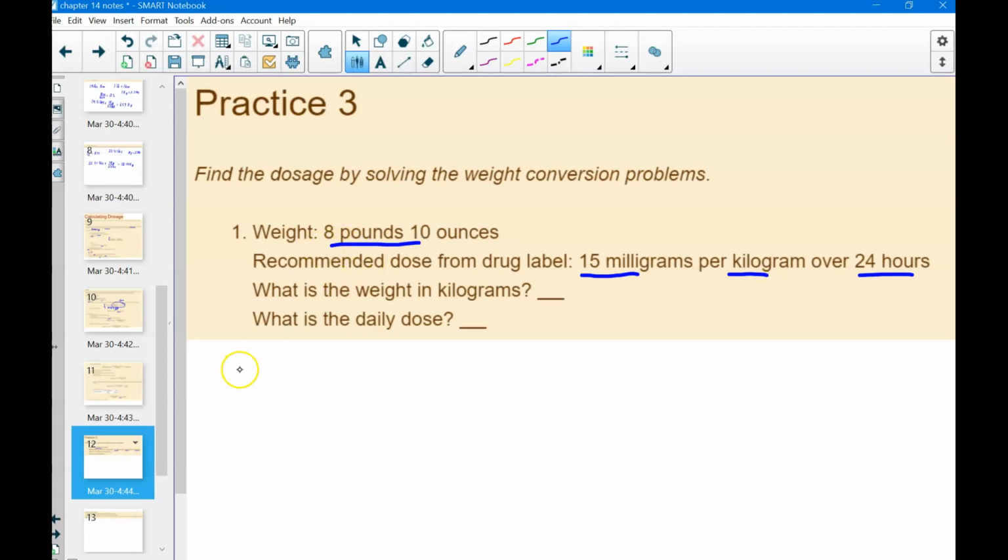So we have to convert 10 ounces, 16 ounces. Let's do it the long way, just for practice. We know that 1 pound has 16 ounces.